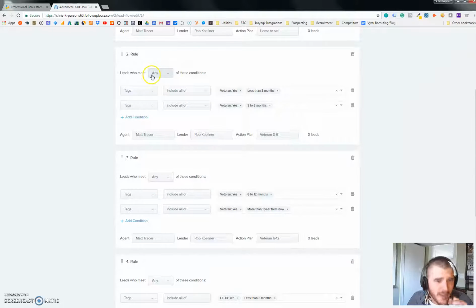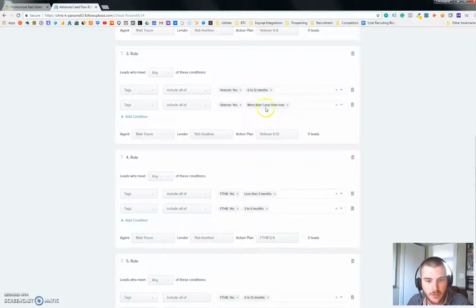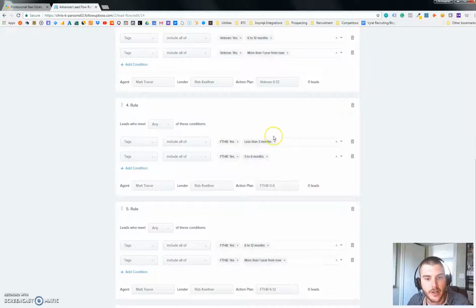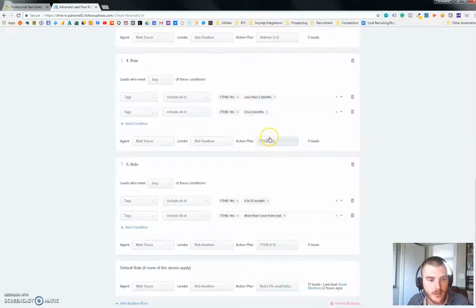For the leads who meet any of these conditions, if they have the tags that include they're a veteran and they said they're going to move in less than 3 months, or they're a veteran and they're going to move in 3 to 6 months, then they're going to get our action plan designed for talking to veterans who are looking to move in less than 6 months. Of course we do 6 to 12 months, more than 1 year, and so on. All is the same, but different action plan, different tasks, different messaging.